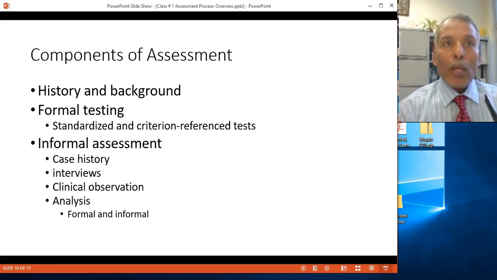So formal sample analysis, again, is meaningful from 2 years to 5 years 11 months. But beyond that, it is not going to work, because after that age, the length of utterances doesn't mean anything.